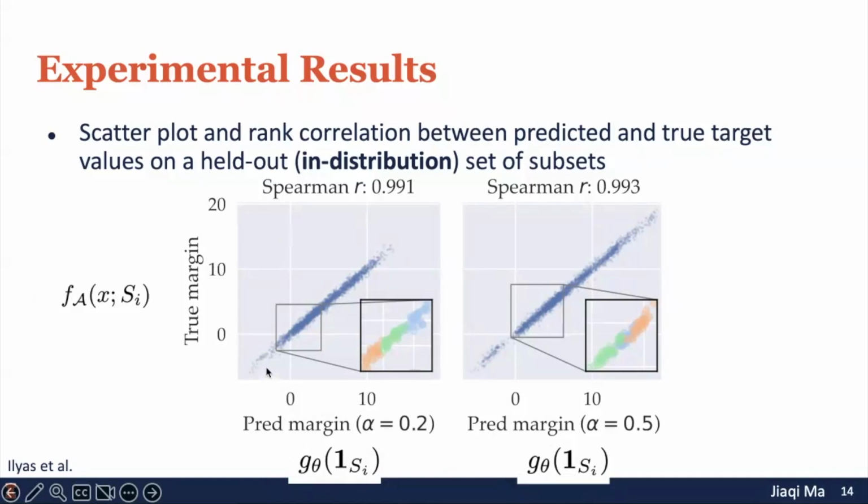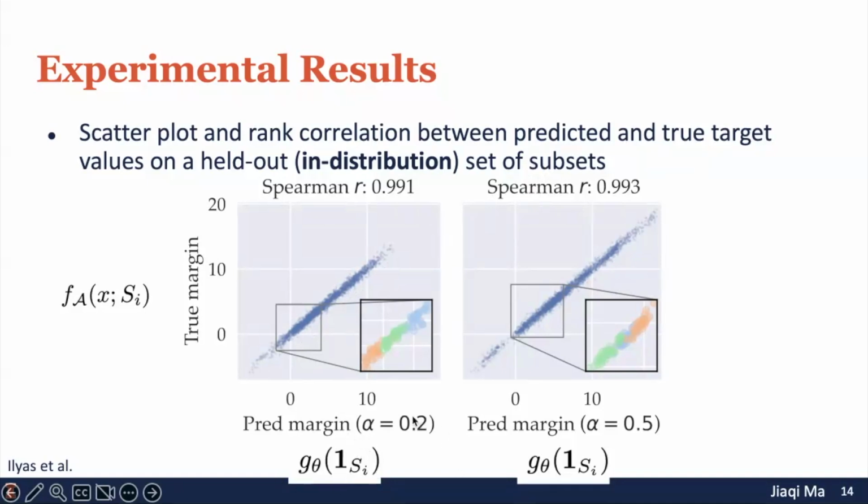So in this figure, we are specifically having an in-distribution setting, which means that the subsets sampled for evaluation have the same size as the subsets used for estimating the G function.